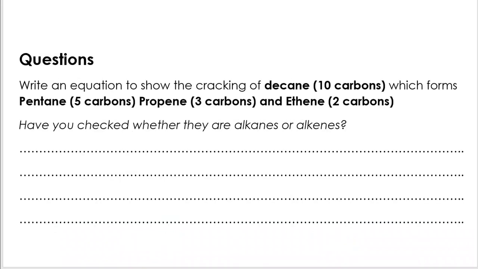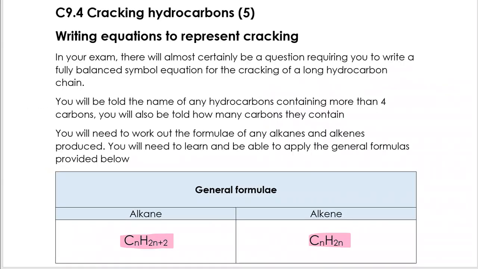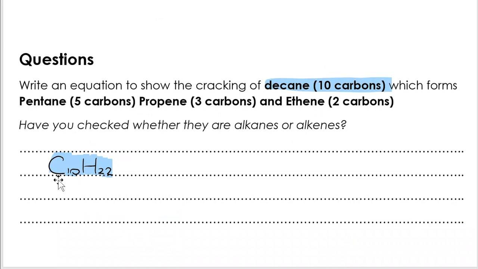Finally, to finish off this video and this topic, we're going to look at some equations that do come up quite commonly, where lots of information is provided, but do be careful to read all of that information carefully. Have a go, and when you're ready, we'll move on. So I'm going to colour code these to make it easier. Decane, C10, using the general formula for alkanes, CnH2n plus 2, means decane would be C10H22.